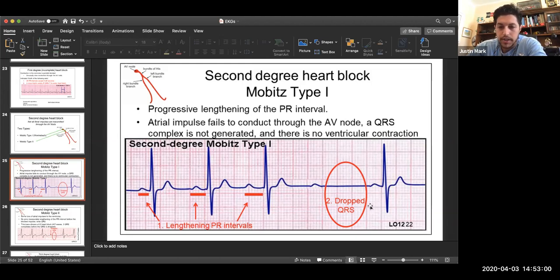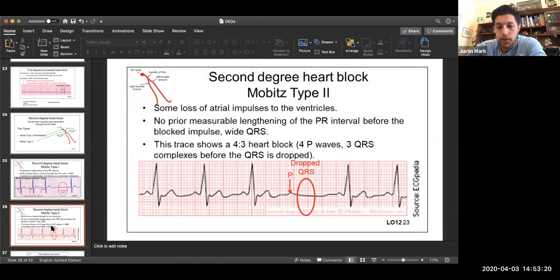On a real EKG, sometimes it's a little more difficult to tell the lengthening of the PR intervals. But if you start here and count the boxes, and then go here and count the boxes and so on, if it is a type 1, you will be able to see it. If we compare that to Mobitz type 2, we still have a dropped QRS complex.